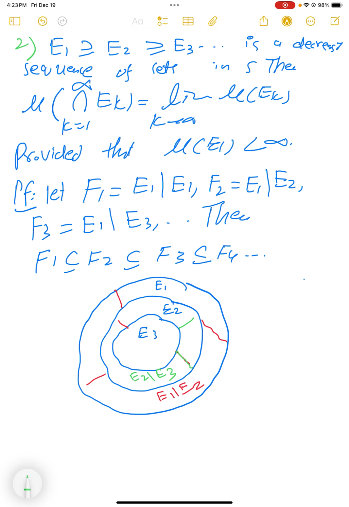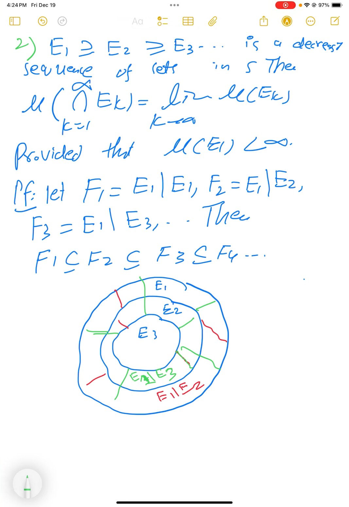So this whole part is E1 difference E3. Now we can easily see that the E1 difference E2 part is contained in the E2 difference E3 part. So that's why F1 is contained in F2 is contained in F3. That's all very obvious. I hope you understand this point.